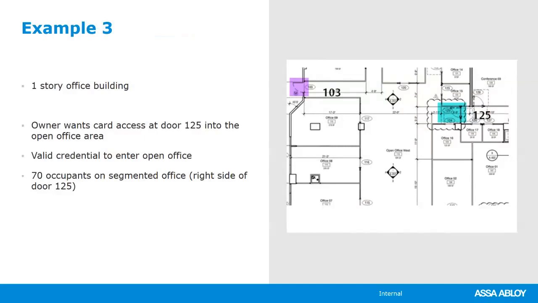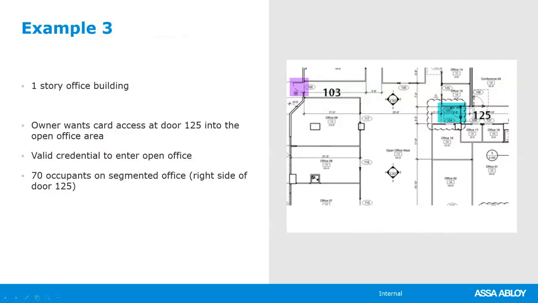The next example is a one-story office building. And what type of occupancy is an office building? It is Group B business. The owner wants card access from this side of door 125 going into this open office area. You have to have a valid credential to get into this open office area.